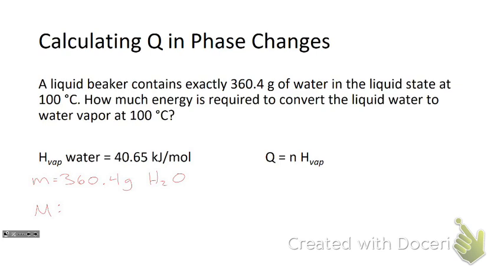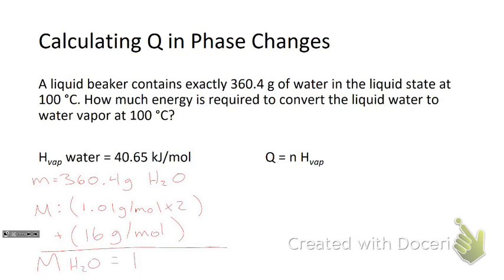So how many hydrogens are there in H2O? 2. Okay, so we're going to go 1.01 grams per mole, that is the molar mass of hydrogen, times 2, plus the molar mass of oxygen, which is 16 grams per mole. We're going to add those. So we will get molar mass of water is equal to 18.02 grams per mole.